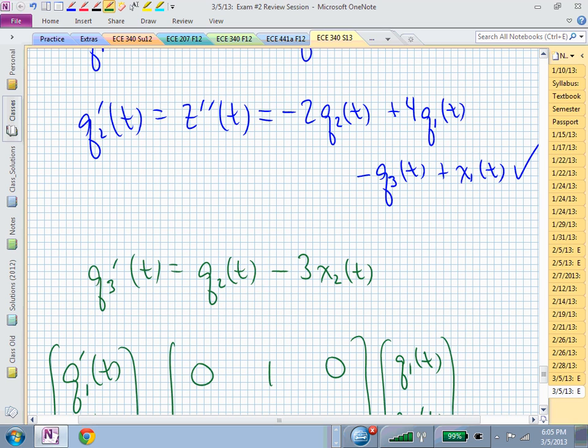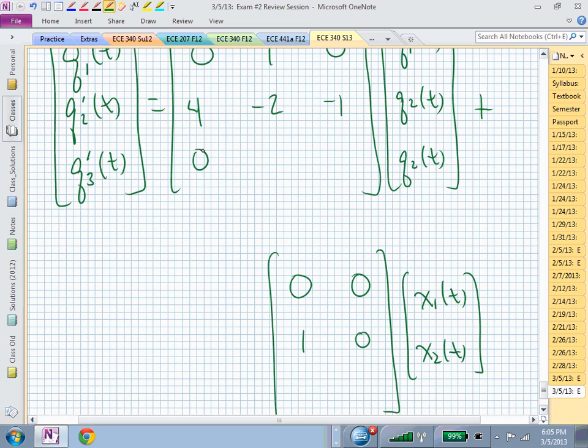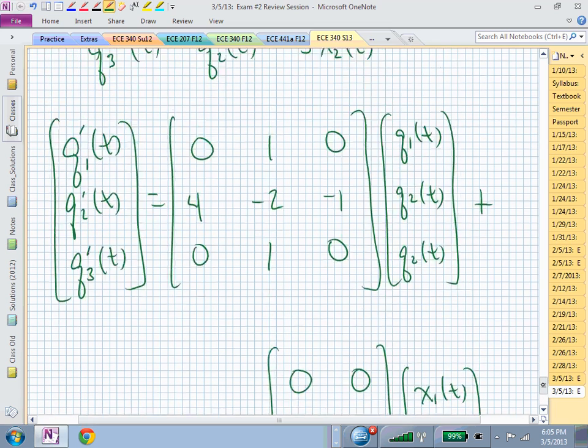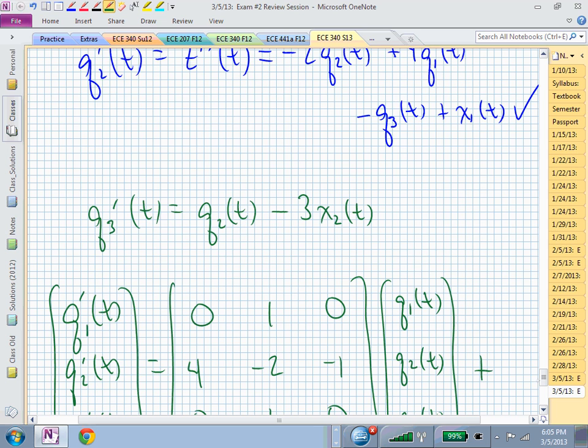What about the third row of the A matrix? And the third row of the B matrix?